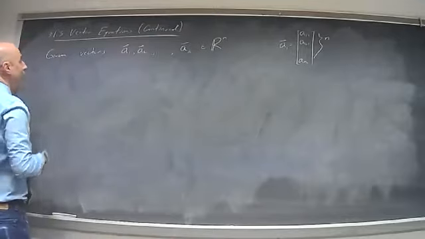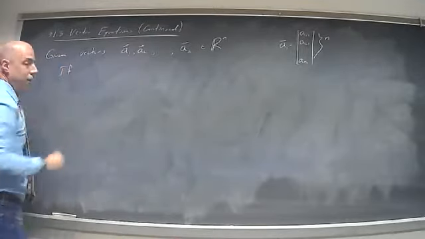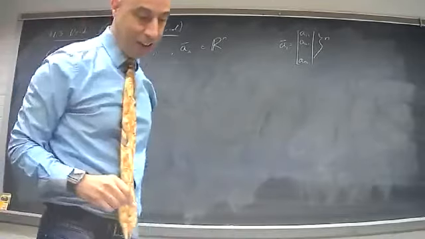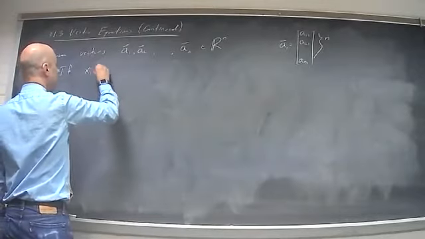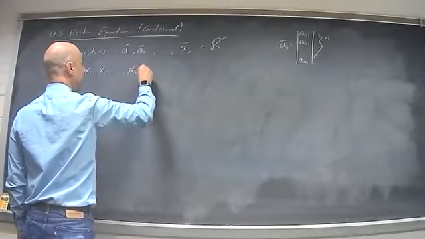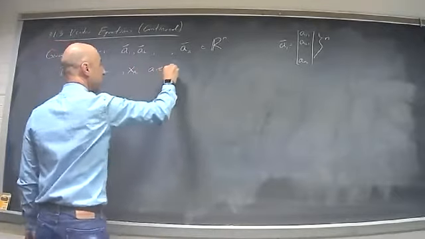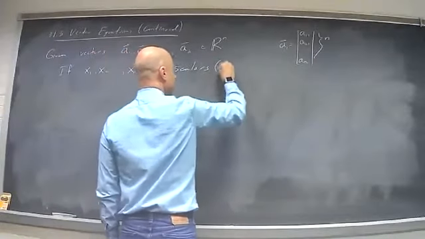So if we have some scalars, which I'll call x1 through xk, x1, x2, all the way up to xk are scalars. So just numbers.